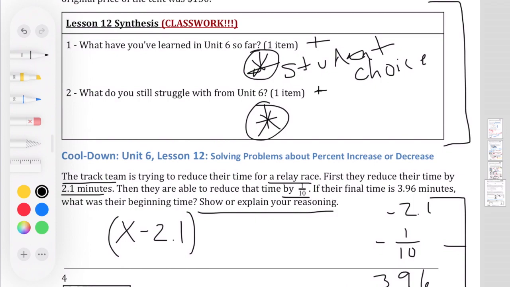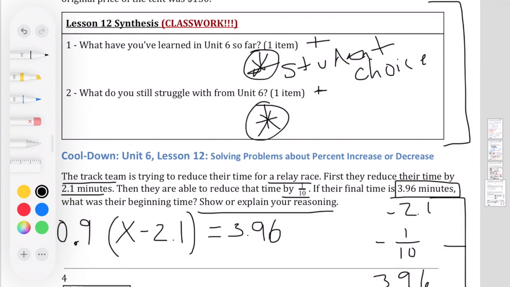Well, 1/10 is also 10%. So 100% minus 10% would be 90%. In decimal form, that would be 0.9. And then we're going to set that equal to 3.96 minutes, because that was our final time that they provided for us here.